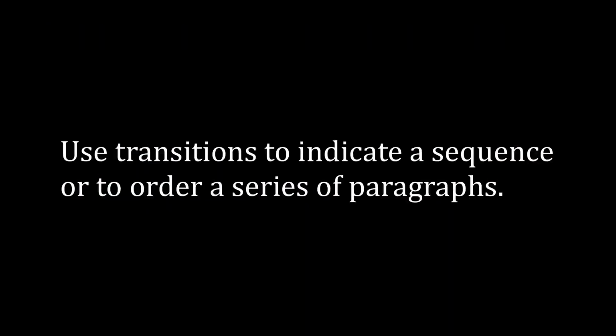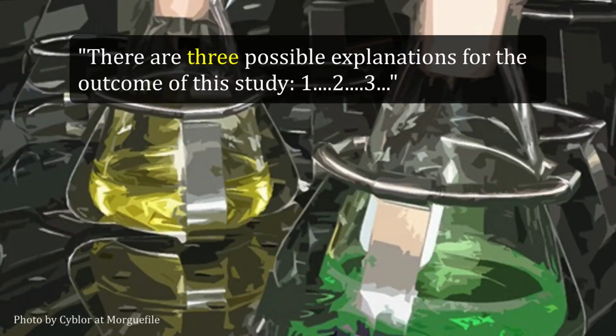We can also use transitions to indicate a sequence or to order a series of paragraphs. For example, in discussing our results, we might say, "There are 3 possible explanations for the outcome of this study." Then list them, 1, 2, 3. The next 3 paragraphs spell out each explanation.